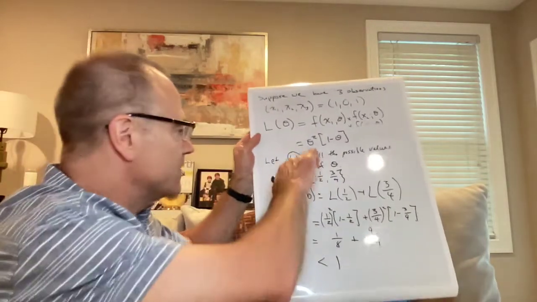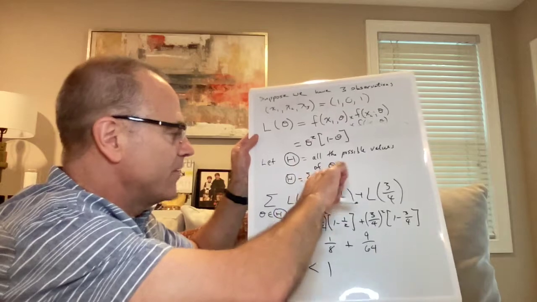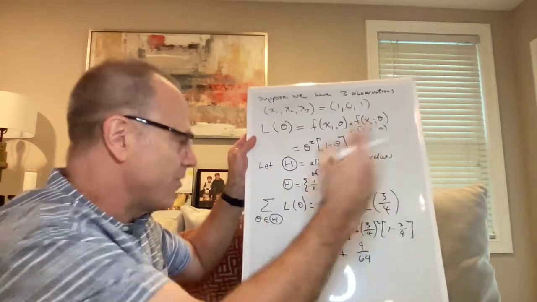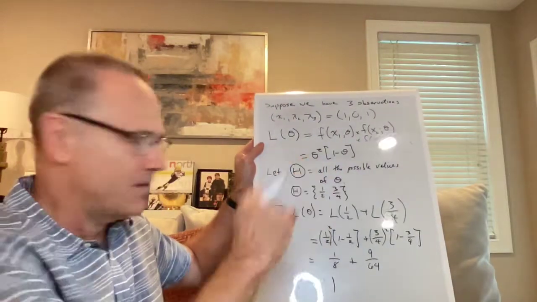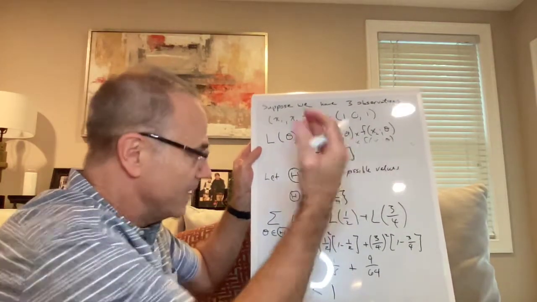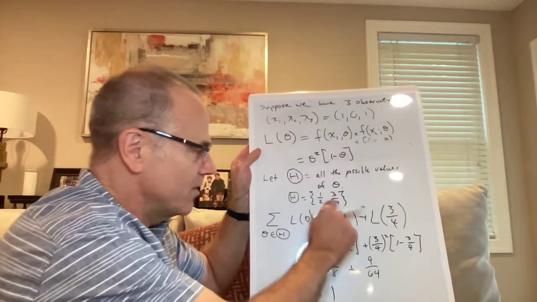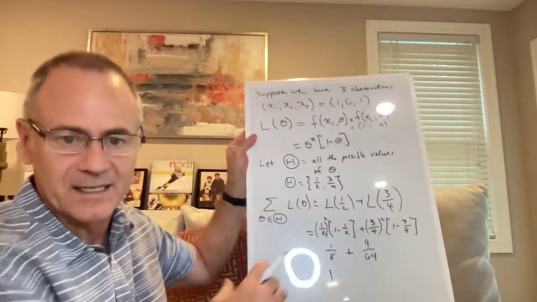Now I could have chosen a capital Theta of a whole bunch of other possible values that would have made that sum greater than 1. But I chose one case: that magic genie just said it was only one of these two values, and in that case the sum is less than 1.